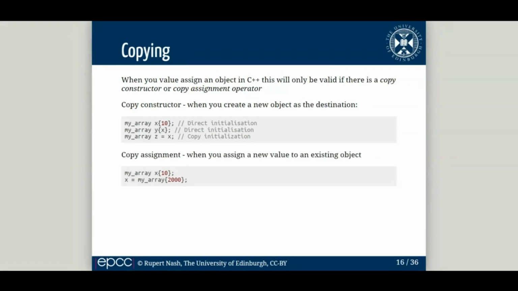And copy assignment means that when you define x as my array, and here I'm giving a new value to x, I'm assigning a new value to an existing object. So in that case, I will need to free this allocation, and this will be allocated to x.